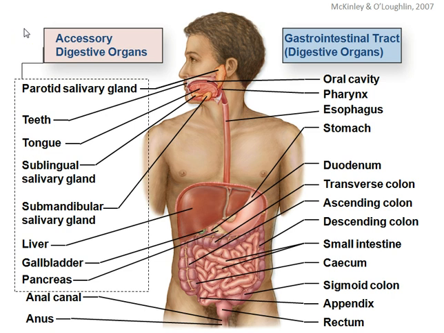These are in some way associated with the gastrointestinal tract, and they carry out a function that will help in the processing of the food so we can obtain the essential nutrients.